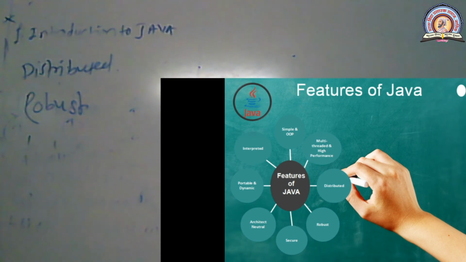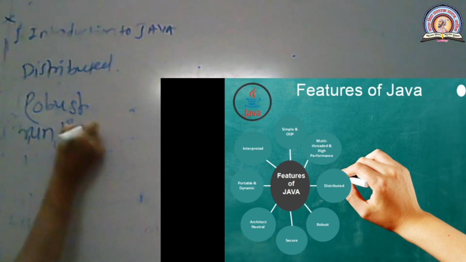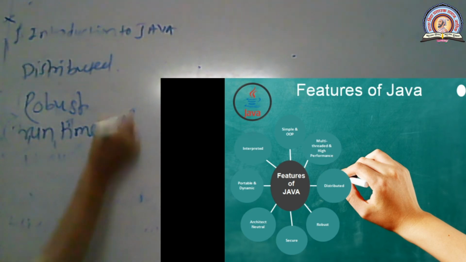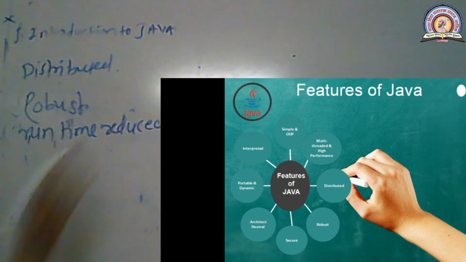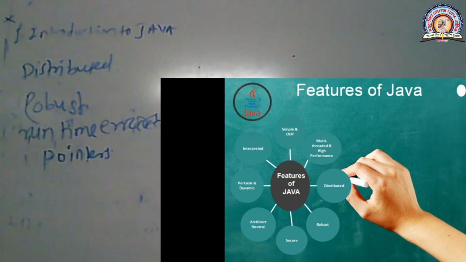That means the runtime errors are reduced in Java during the execution of Java programs. But how are these runtime errors eliminated? Java omits the concept of pointers, and it supports garbage collection.